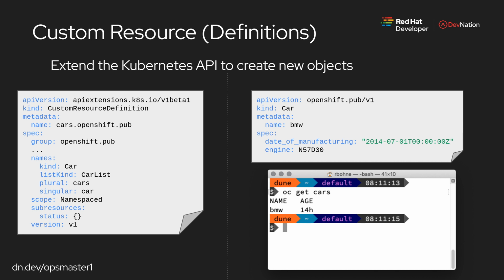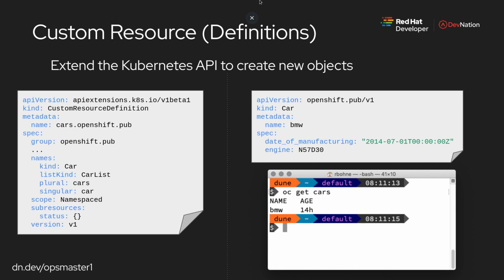In this case, we have a custom resource definition that is specifying an object called a car. And then on the right, we have an instance, a custom resource instance of a car, which happens to have a name of BMW with a manufacturing date and a particular engine code. And once you have defined these CRDs, you have thus extended the API to give you new objects that you can interact with natively.